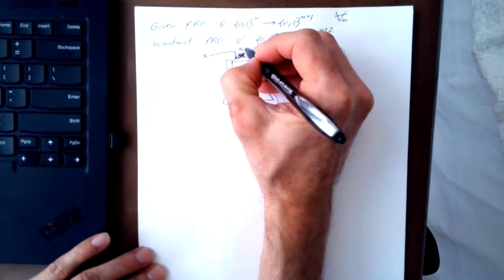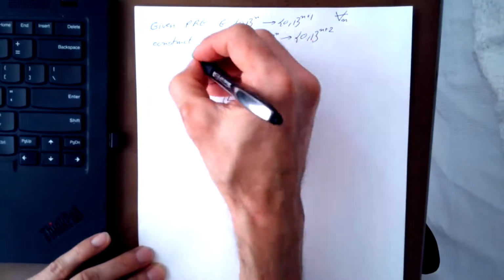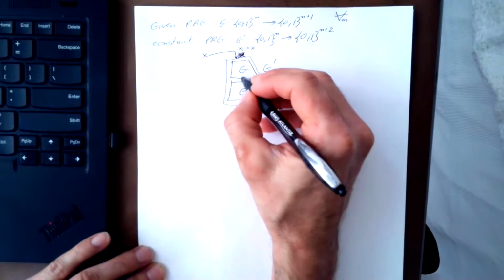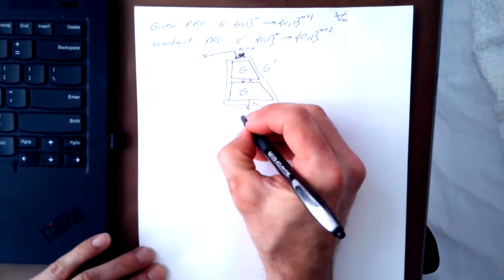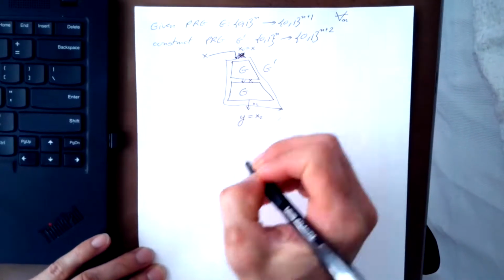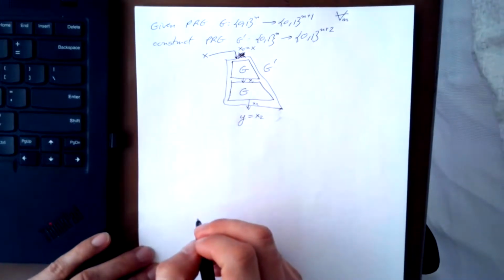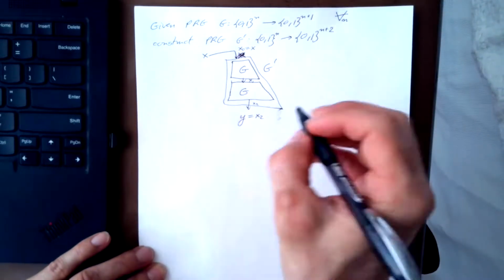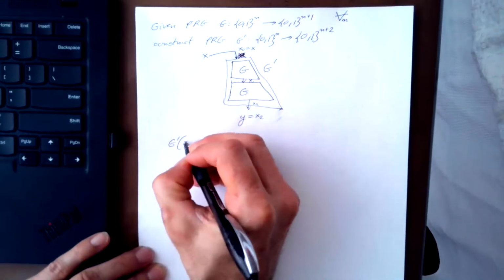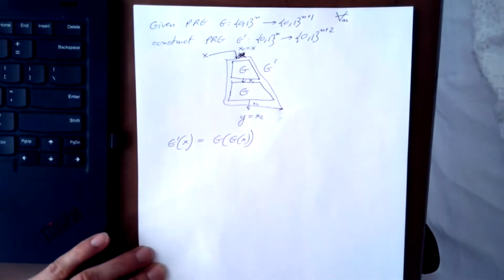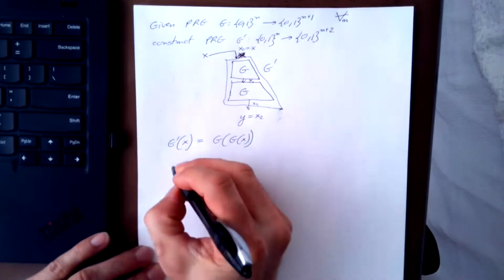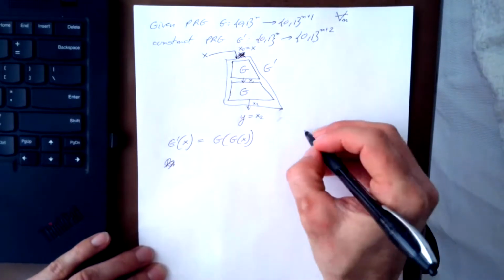Let's say x0 is the input x. x1 is whatever came out of here, and this was x2, and I'm going to call this an output y. So in other words, G prime of x is G of G of x.